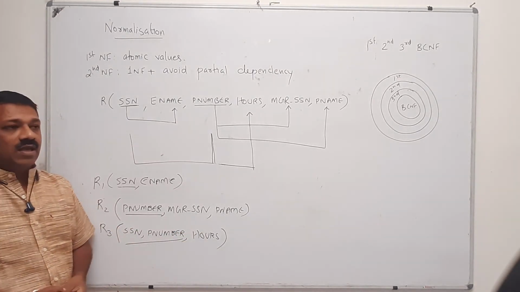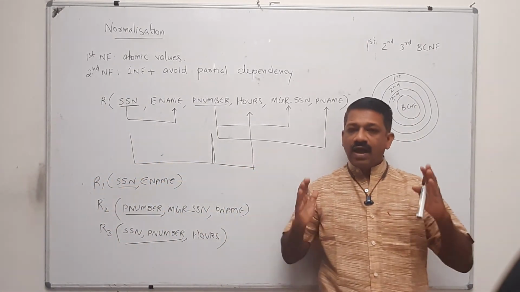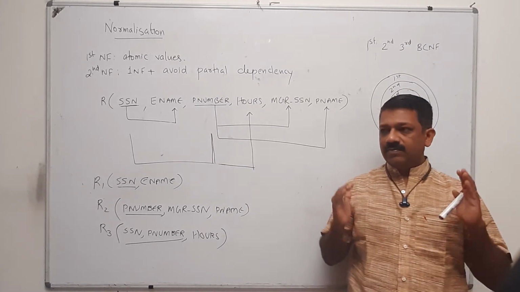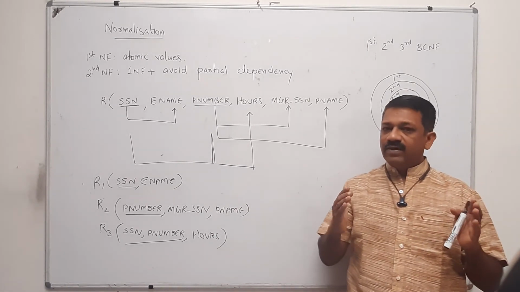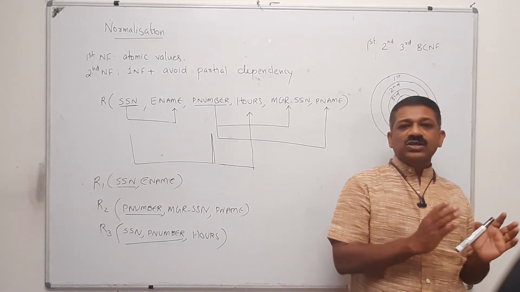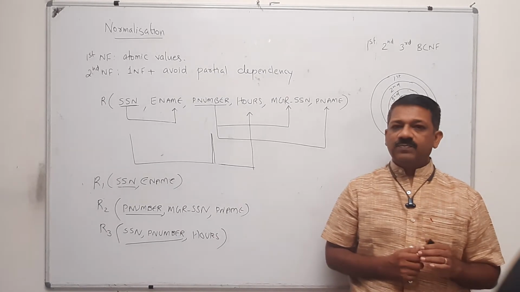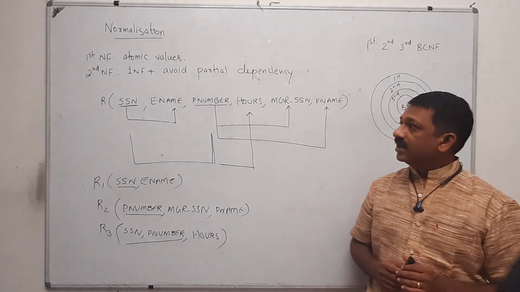That means partial dependency means if you have a composite primary key, that means more than one attribute for the primary key, and if a non-key attribute depends on a proper subset of the primary key, then we call it partial dependency. So that has to be avoided.